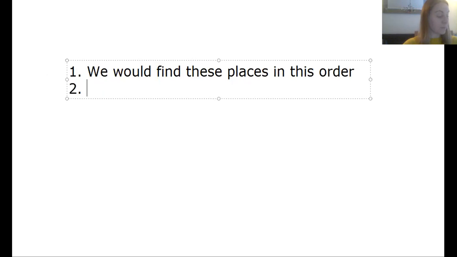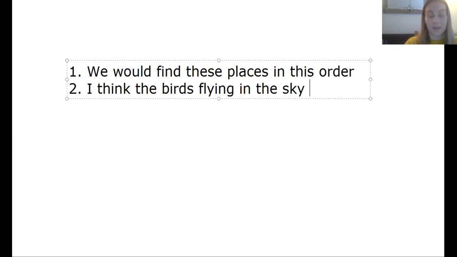Number 2, what birds do you think might be seen flying in the sky? Okay, so I think birds flying in the sky will be, tell me the type of bird that you think it might be. I'm not sure they're robins, really.